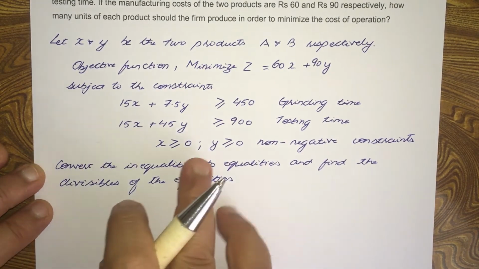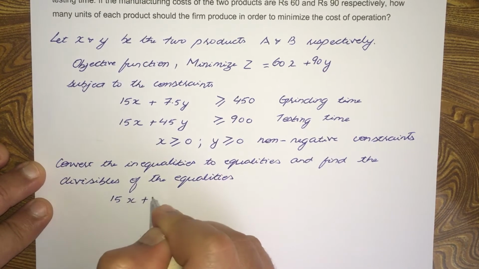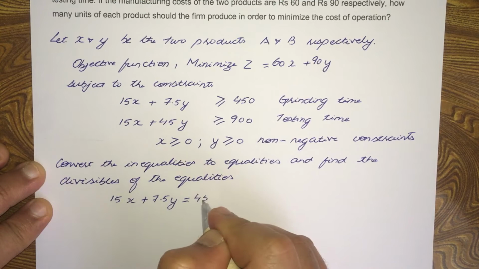Alright, so you have two inequalities here, 15x plus 7.5y. Convert that to an equality.